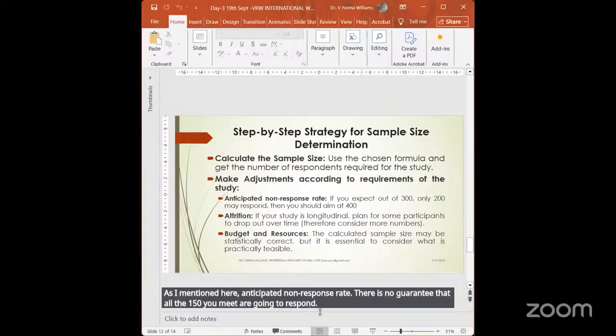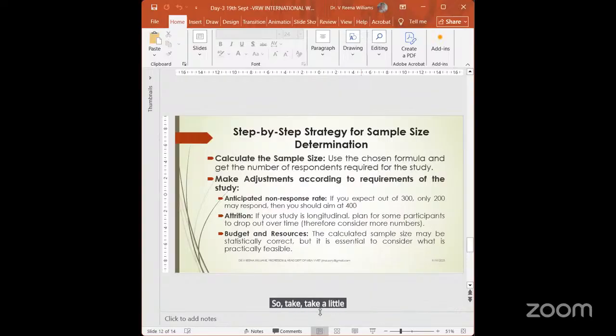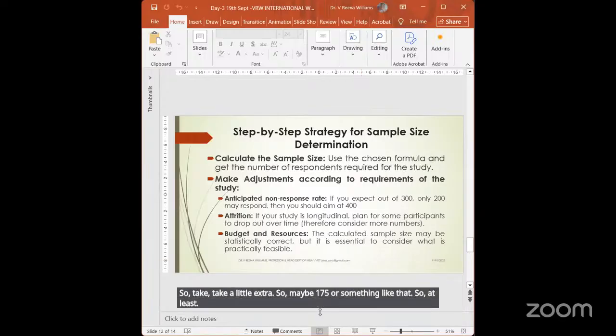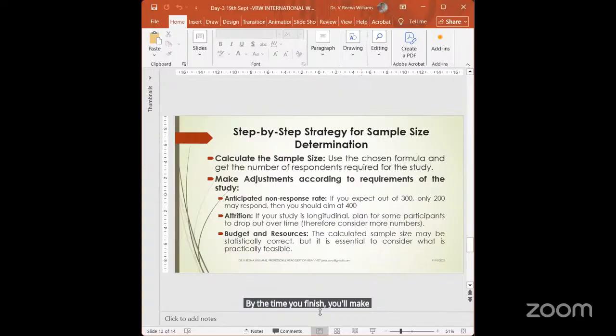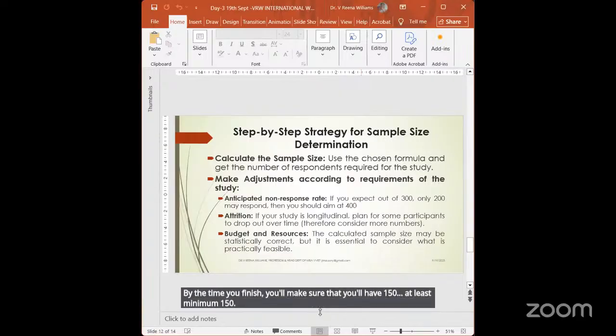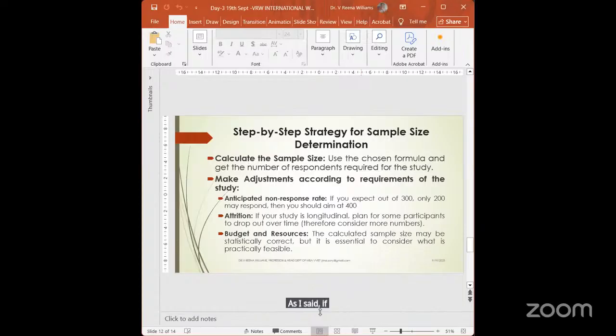So take a little extra, maybe 175 or something like that. So by the time you finish, you'll make sure you have at least a minimum of 150. As I said, if the questionnaire is not filled or not answered, then you have to reject it. So it's always better to collect a little bit more.